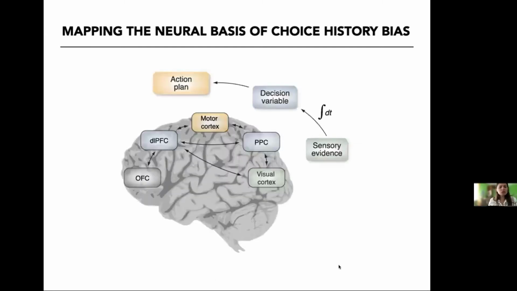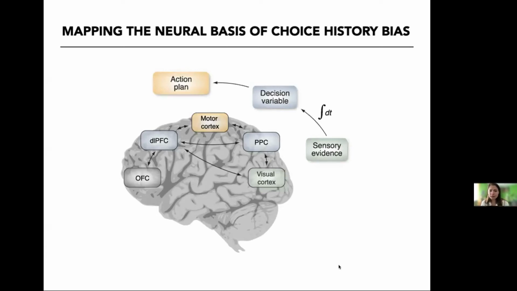And what's also nice is that they naturally map onto some ideas on this type of evidence integration in the brain. The sensory evidence, for instance, these moving dots, are most strongly represented in visual cortex, at least in primates and in humans.